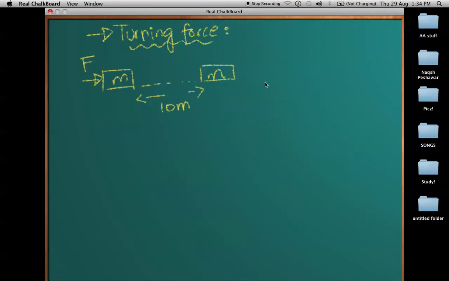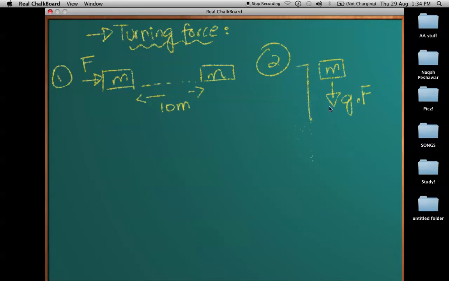Let's say this is case 1 and this is case number 2. Here there is a mass acted upon by the gravitational force, and let's say it's falling from a building.